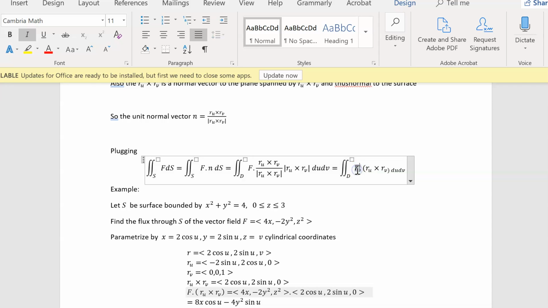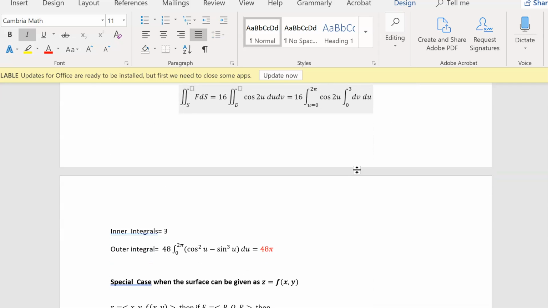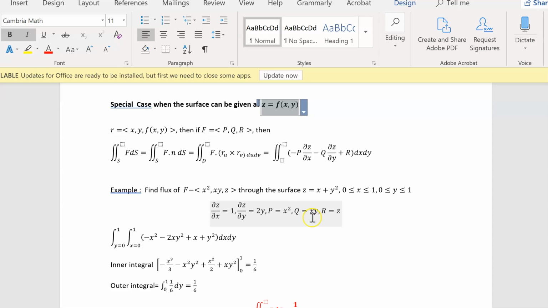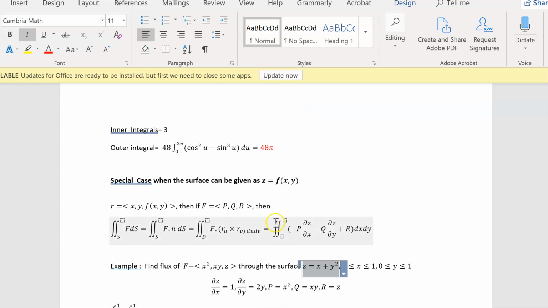And in the special case when the surface we're dealing with is actually a function, where z can be written as f of x, y, like for example the one that we did, z equals x plus y squared, then we have a really nice formula for the flux which you can use to get the answer.